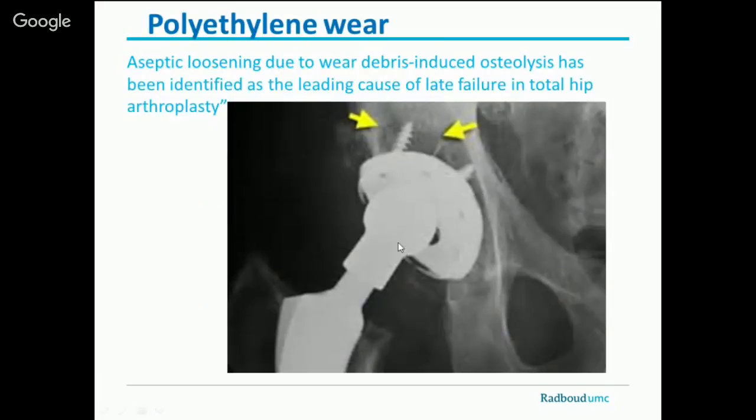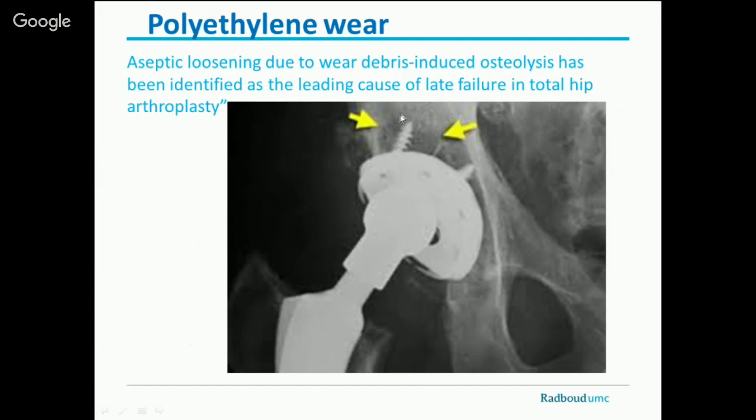So this is how it looks like. You can see that the head is not in the center of the cup, right? And that means there is wear. What you then typically see is that there is a dissolvement of bone here, and you have to imagine that there are a lot of wear particles floating around here, and they can escape through the screw holes also.